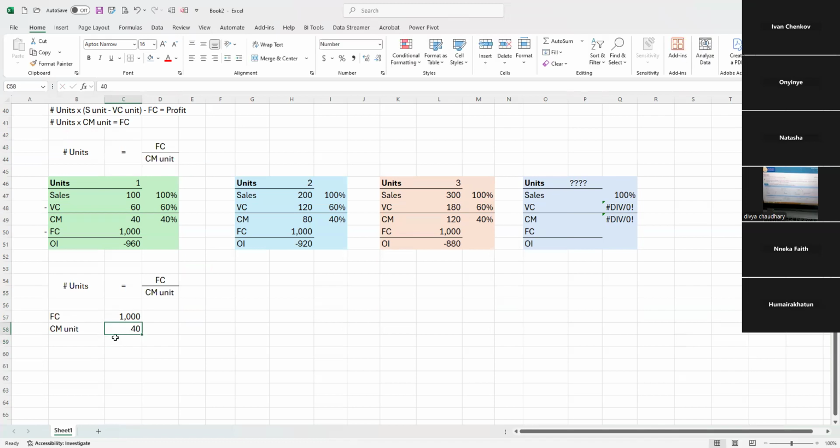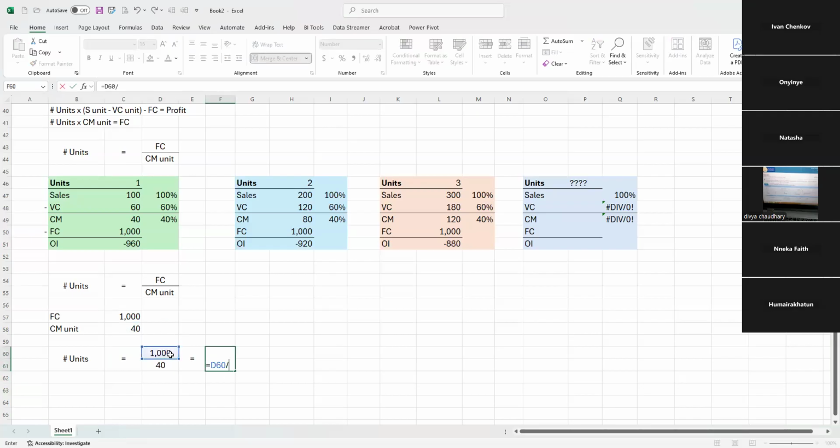So what do we have to do? I just have to apply the formula, right? So how much is it going to be? Fixed cost is 1,000. Contribution margin per unit is $40. 1,000 divided by 40.